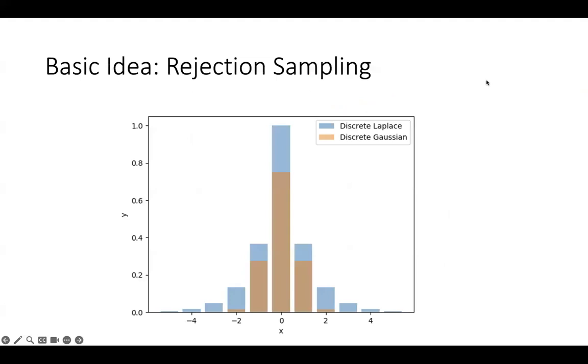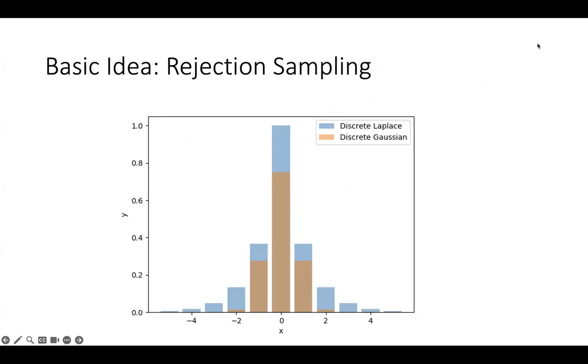Okay, so let me get into how the algorithm works. The basic idea is rejection sampling. The idea of rejection sampling is, suppose I have a distribution that I can sample from. And for now, let's assume we can sample from a discrete Laplace distribution. And there's a distribution that I want to sample from, in this case, the discrete Gaussian.